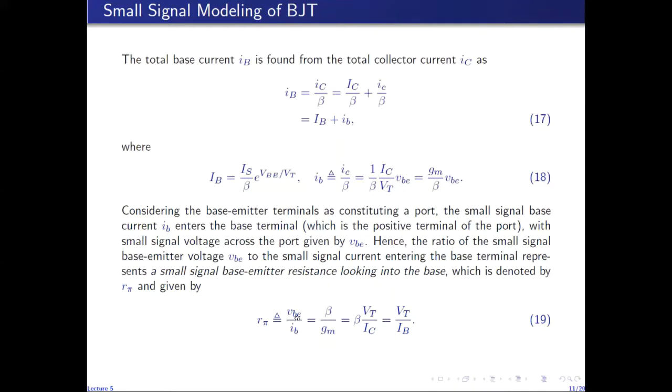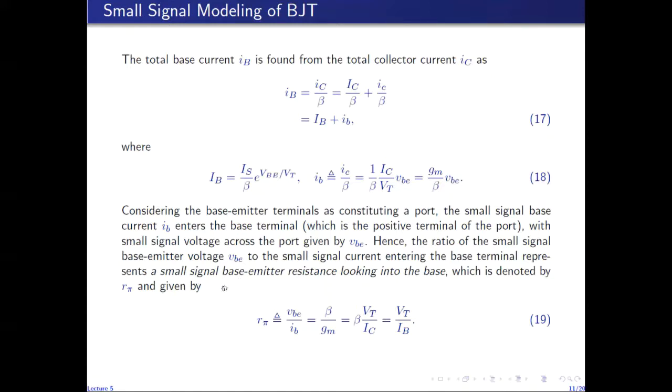This ratio is called the small signal base emitter resistance looking into the base. Base emitter resistance because we are dividing the voltage across base emitter, looking into the base because we are dividing this voltage by the current which is entering the base. So conventionally it is denoted by R pi and is a resistance, it's a small signal AC parameter.